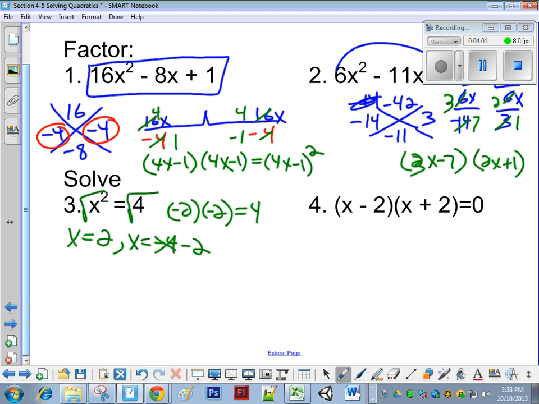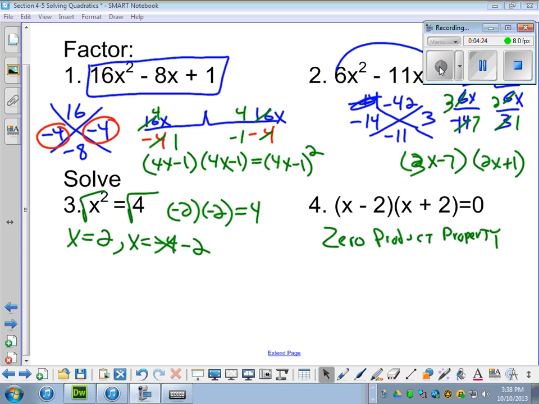Okay? Now over here, number 4 is based on a new thing we're going to learn today, which you might have learned before, called the zero product property. Now, the zero product property tells me that anything times something that equals 0 is going to be 0.